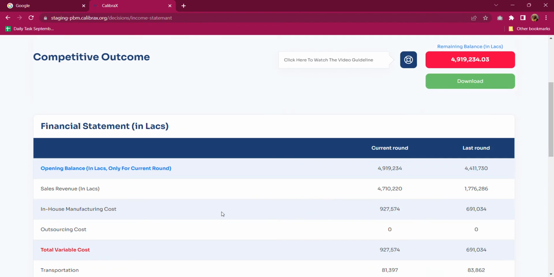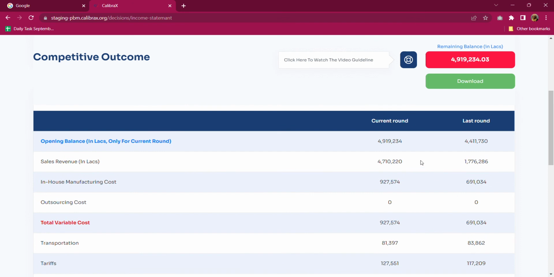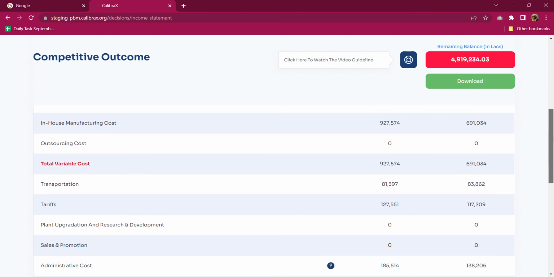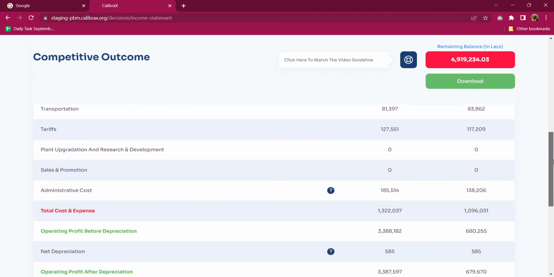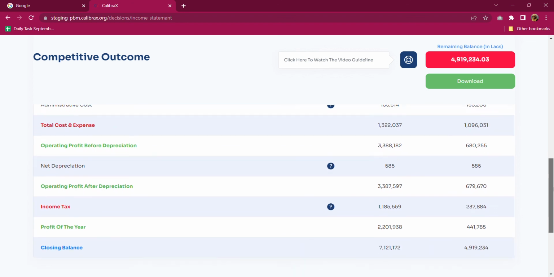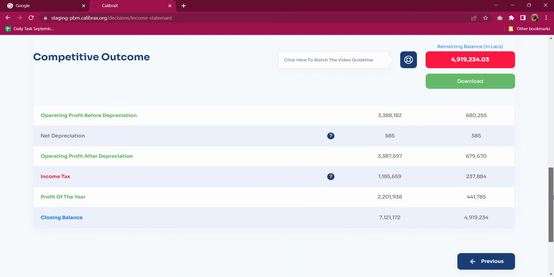Under this competitive outcome tab, participants will get to see market shares captured by each of the teams for different products in different markets. They can also have a look at the financial statement of the last round and period, along with the ending cash balance, which will act as the starting cash balance for the next round.